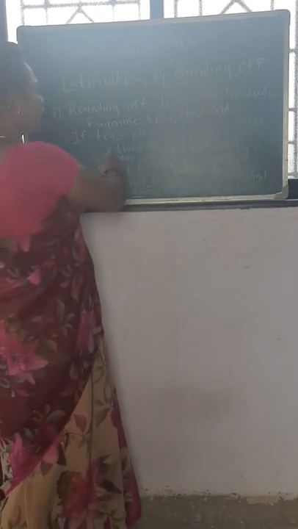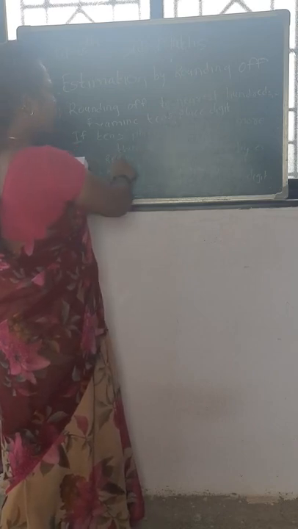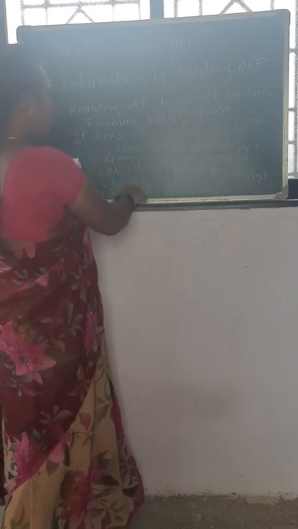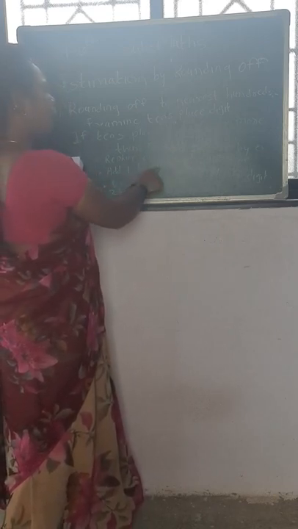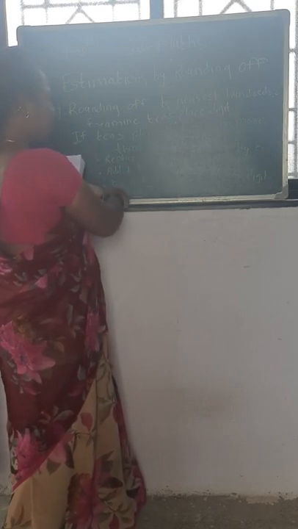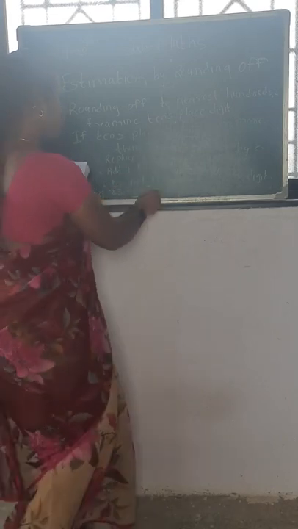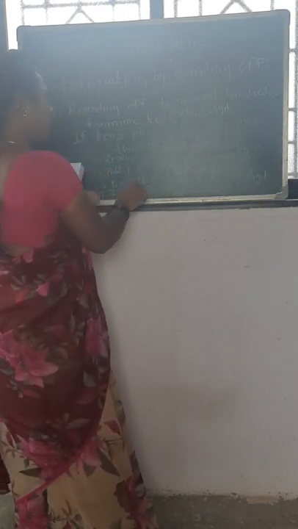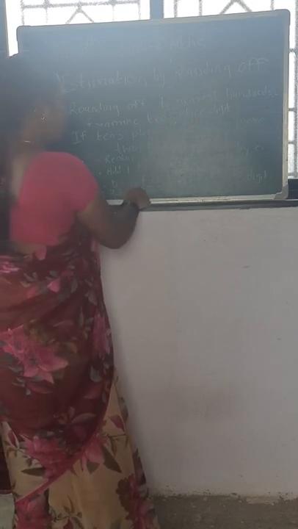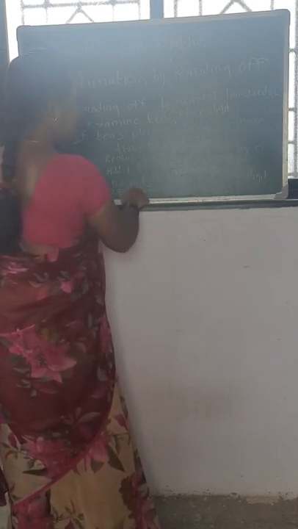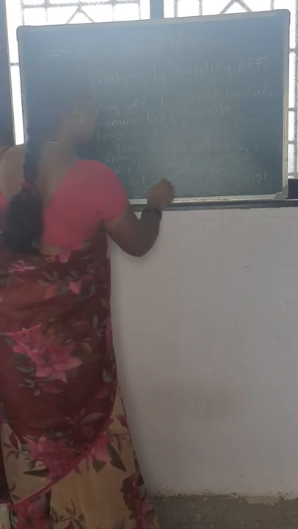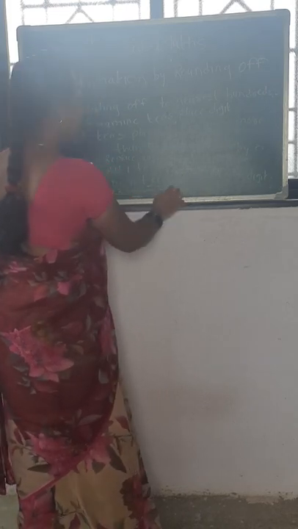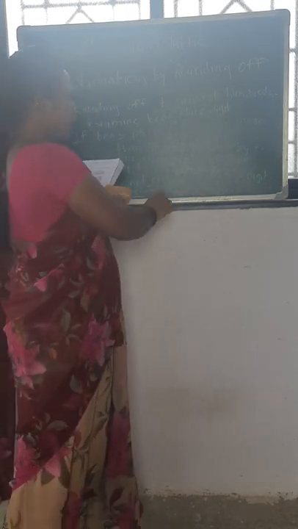Rule second says replace the ones and tens place by 0 and add 1 to the hundreds place, and do not change the remaining digits in the thousands and ten-thousands places. The ones and tens places become 0 and we add 1 to the hundreds place, that is 4 plus 1 is 5. Then rounding off to the nearest hundred is 23,500.